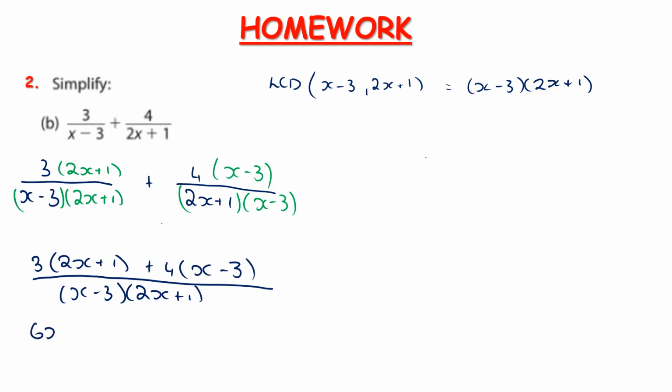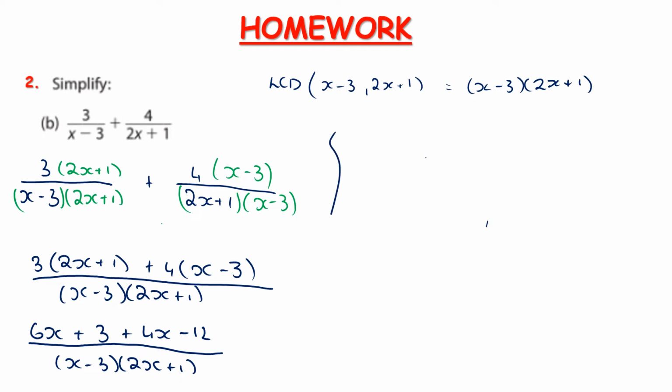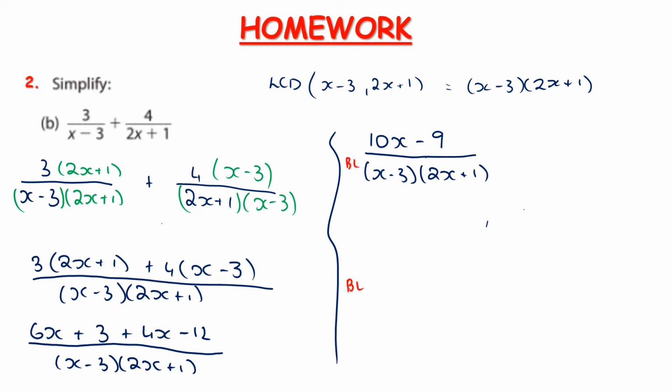Multiplying out the numerator, we get 6x plus 3 plus 4x minus 12 all over (x minus 3)(2x plus 1). Cleaning that up, that gives us (10x minus 9) all over (x minus 3)(2x plus 1). Now let's expand that bottom line. We take the bottom line and multiply it out.